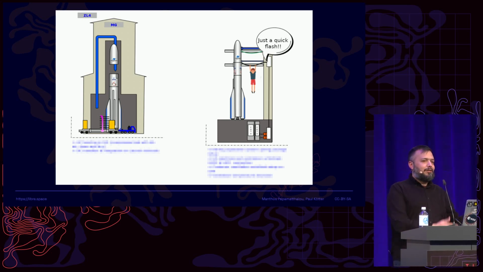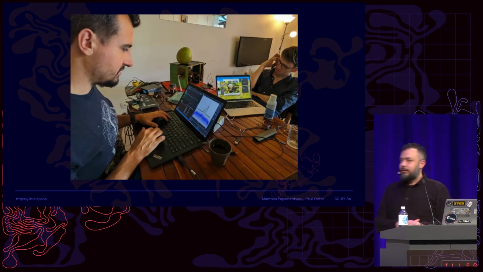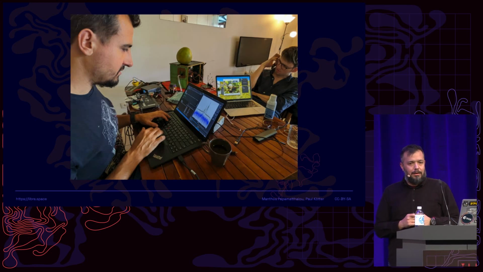So again, we started doing some coding on site in the Airbnb, writing code, passing the CI, and trying every piece of code on the engineering model, which is an exact copy of the flight model.